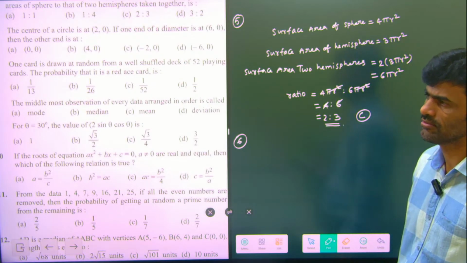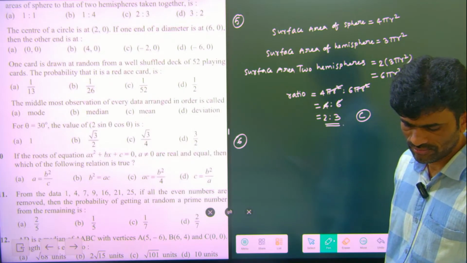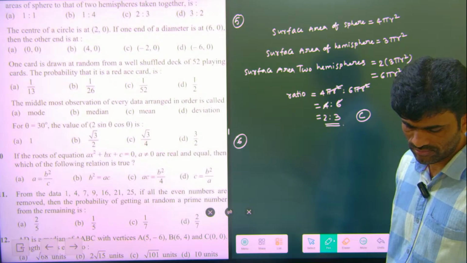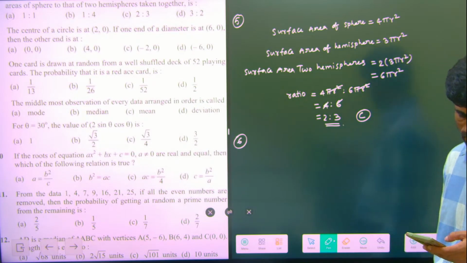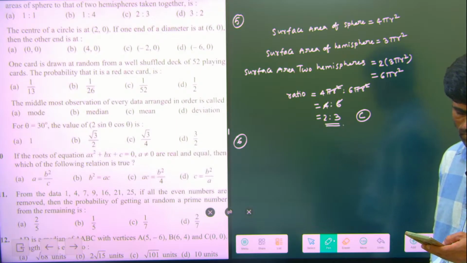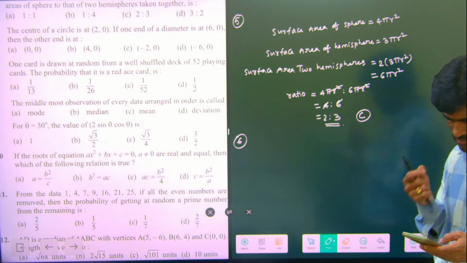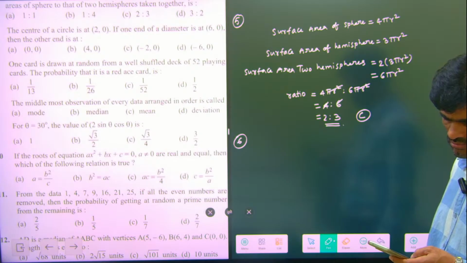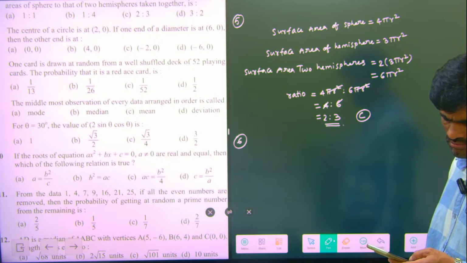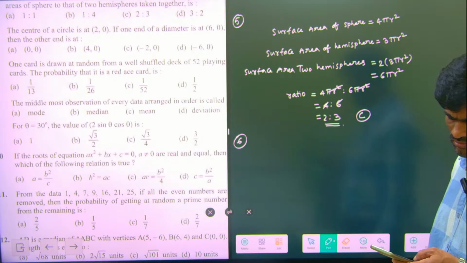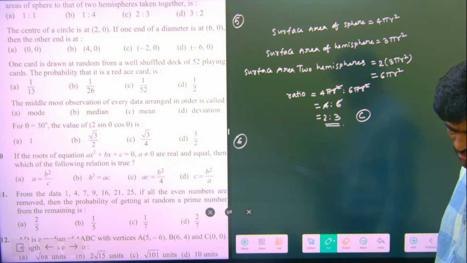What is the other end of the diameter? Got anyone?